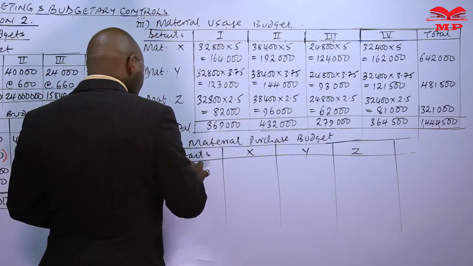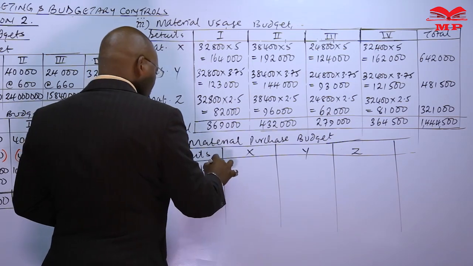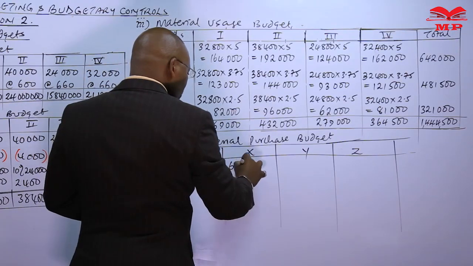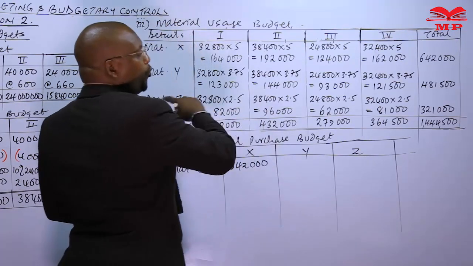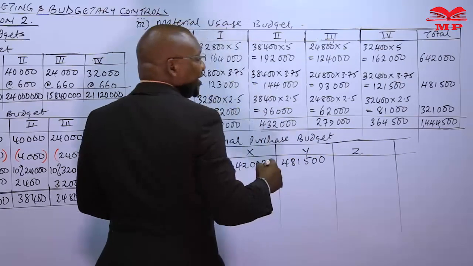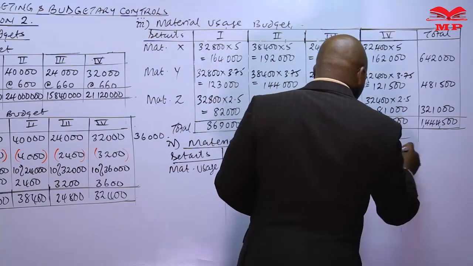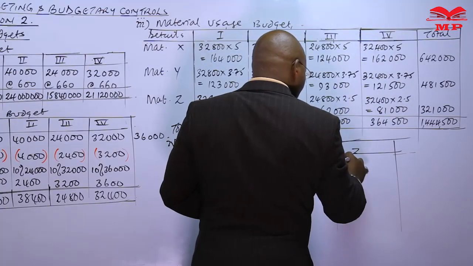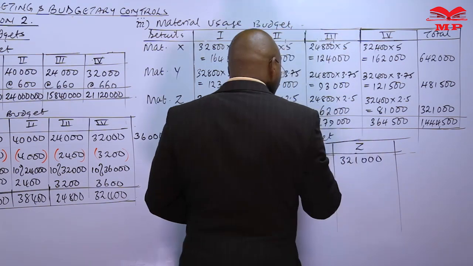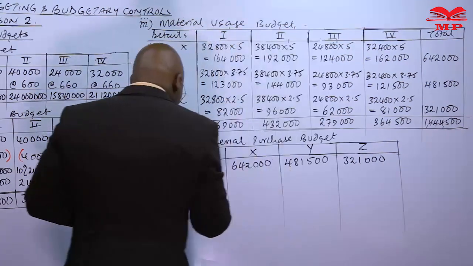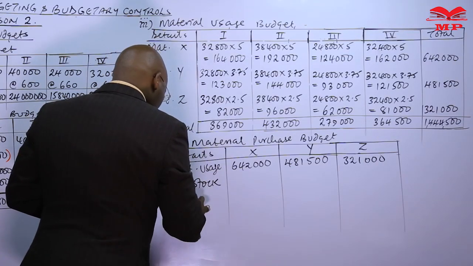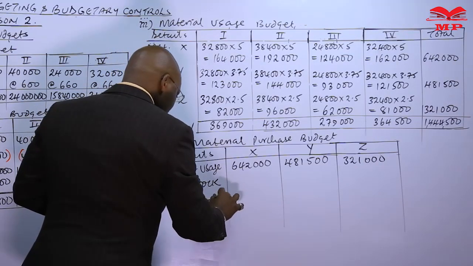So we are going to have the usage first. This is material usage, which for material X across there we have 642,000. Y we are having 481,500, while Z we are having 321,000. So we have the opening stock, then the closing stock.